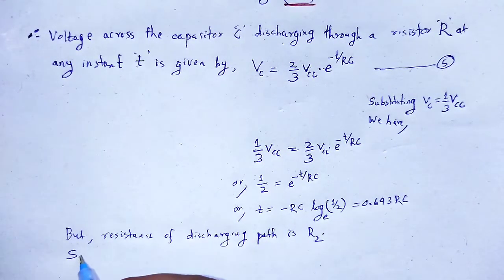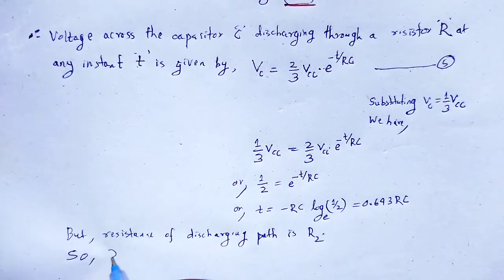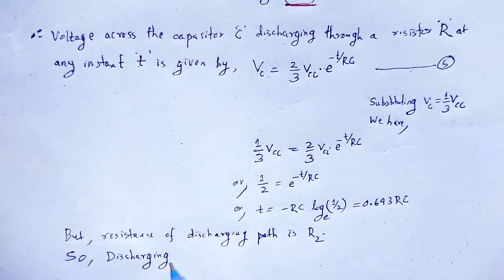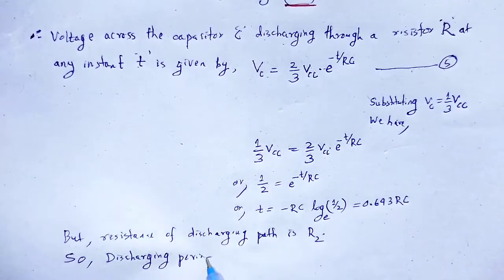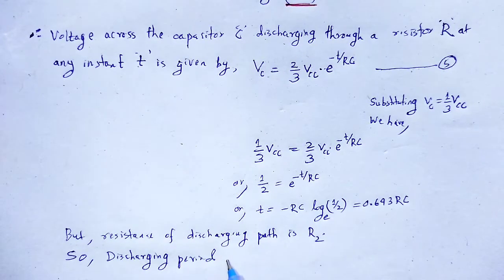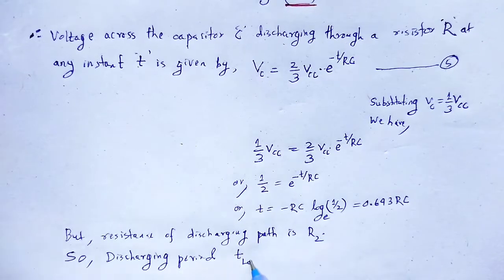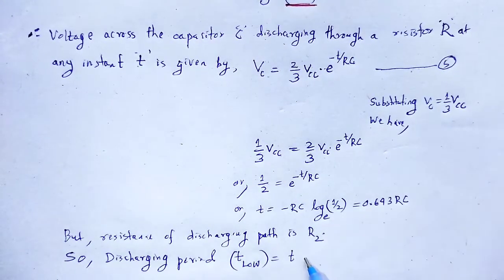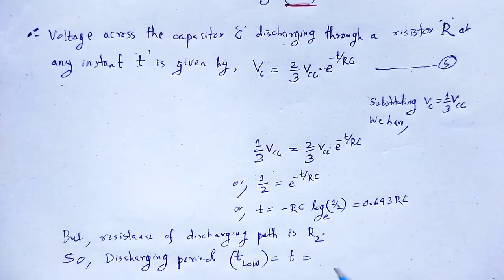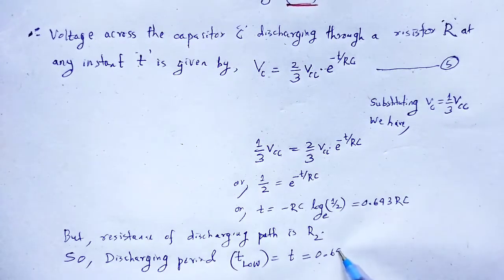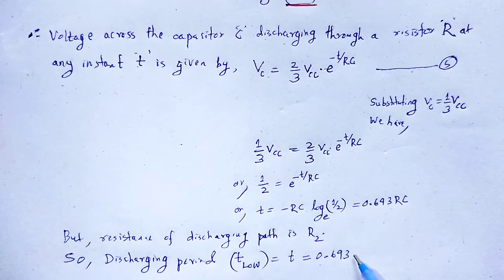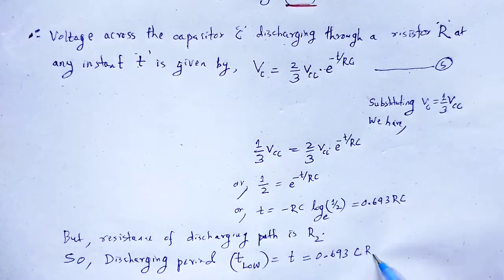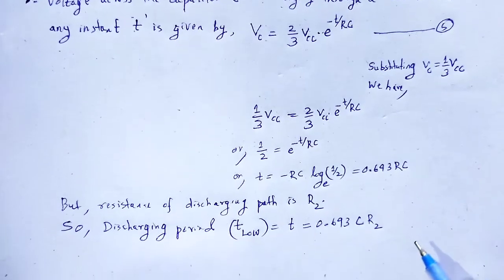So the discharging period, given as T low, is equal to small t, which is 0.693 C in place of R, that is R2.